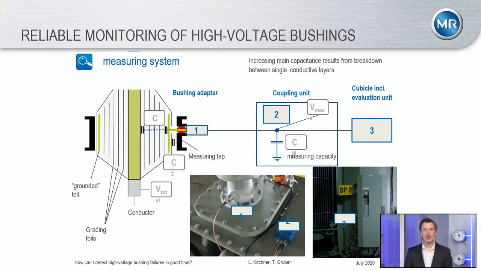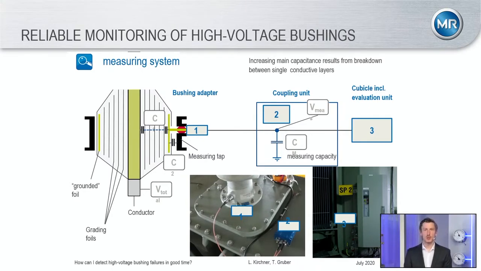You can see the real devices in the photos on the bottom of the slide. So you'll have a bushing. They all have different kinds of test tabs, so you need to know the manufacturer of the bushing and also the voltage of the bushing. Then we choose the right measuring capacitance, and we have, for example, ETOS, where you can have the application of bushing monitoring.